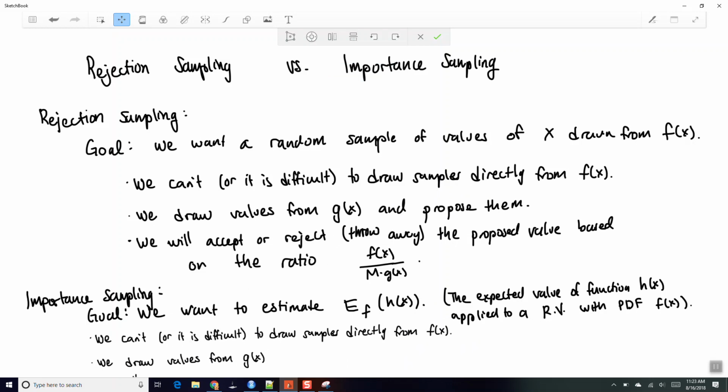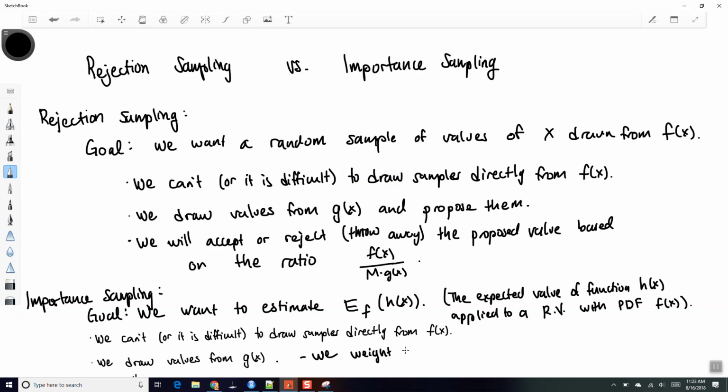We can't draw samples directly from f of x. We draw values from g of x, okay? But instead of accepting or rejecting, now we weight the h of x with the term f of x over g of x.